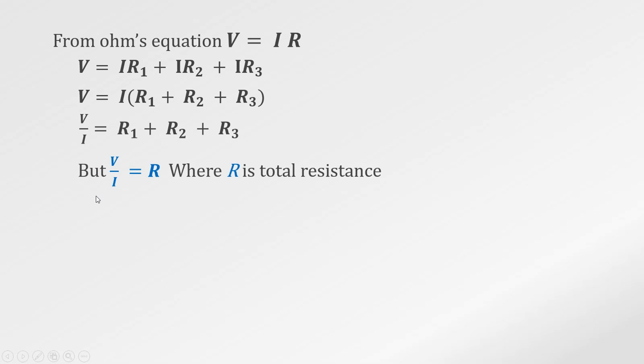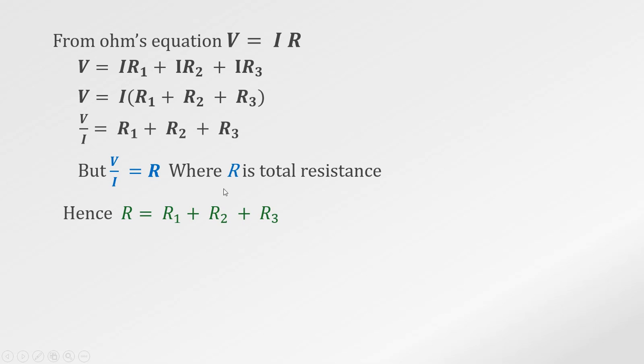But V over I is equal to R, the total resistance, because it's the ratio of the PD over the current. So the total resistance R is R1 plus R2 plus R3.